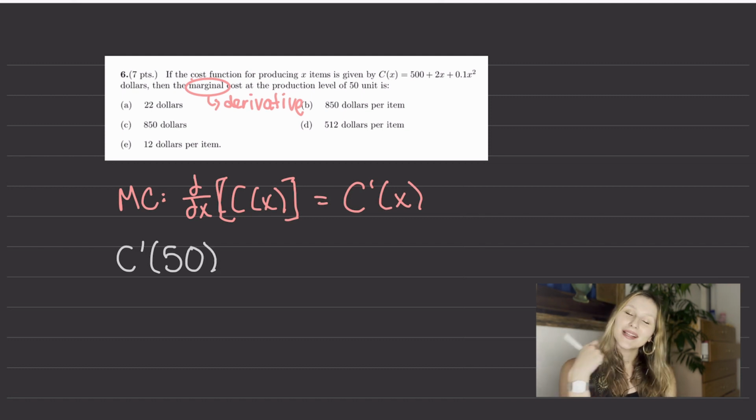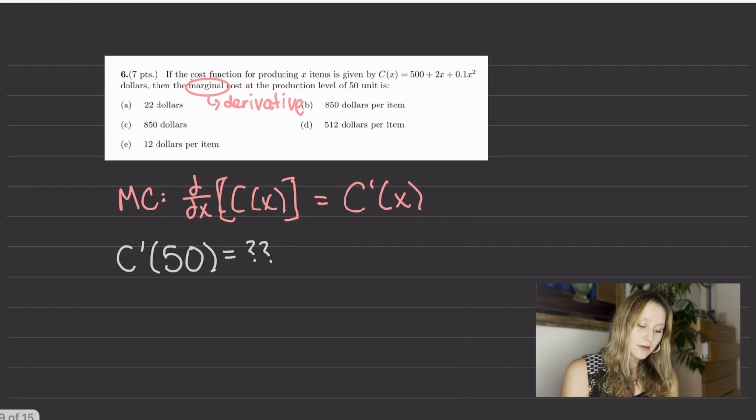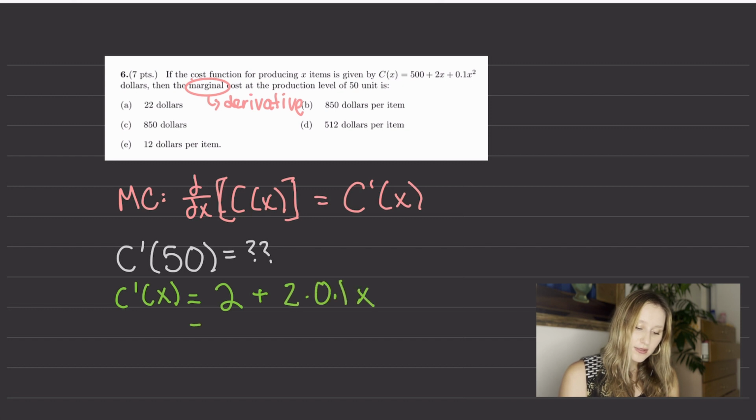So let's do it. First, let's find C prime of X. Which, here we go, we get 2 plus 2 times 0.1 X. We get 2 plus 0.2 X. Plug in 50.